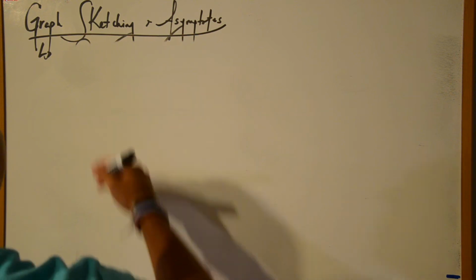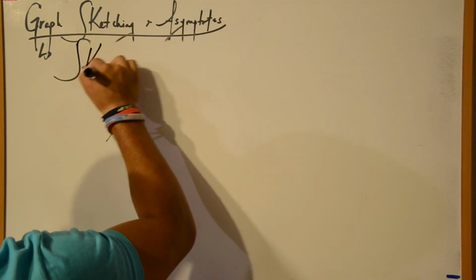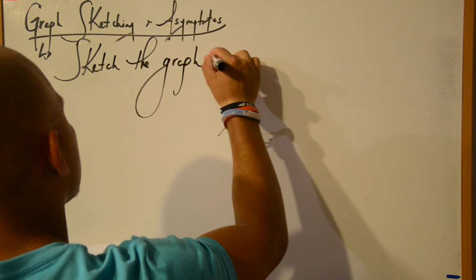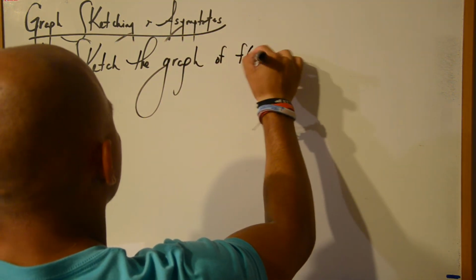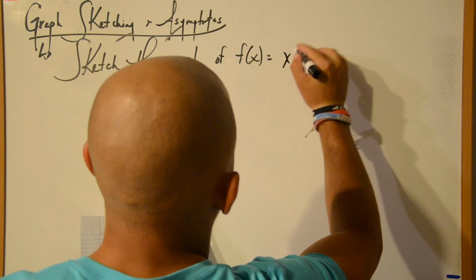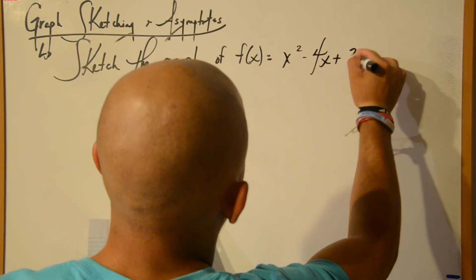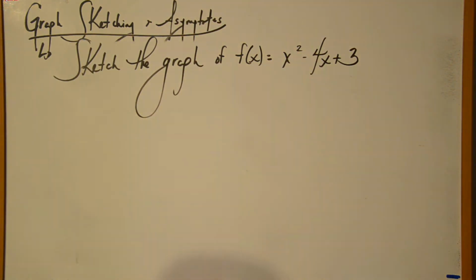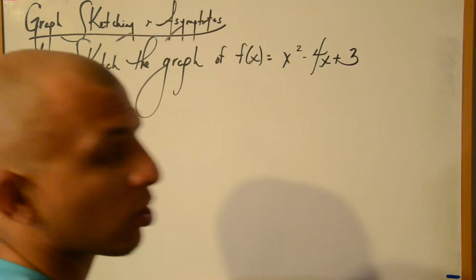Let's say we had something along these lines. x squared minus 4x plus 3. Yes, I know, very trivial, but this is where we're going to start before we delve into more complex functions.